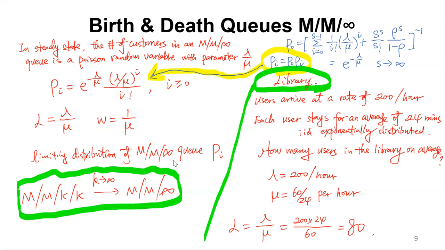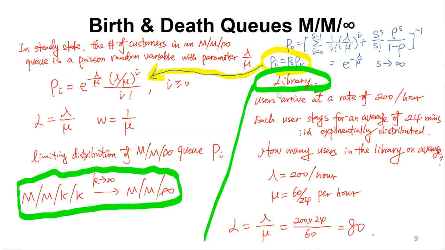The limiting distribution of the M/M/K queue, as K, the number of servers, goes to infinity, will actually equal the M/M/infinity queue. This is a very interesting result.